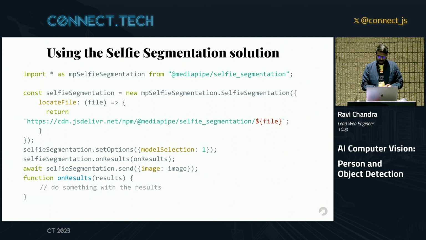Now, using the selfie segmentation, we import that as a model, and then we call the selfie segmentation class. We pass a parameter to locate the file. This is required because some of these models are humongous. I believe selfie segmentation was around 30 megabytes or something. So it's not one single file. It batches that.